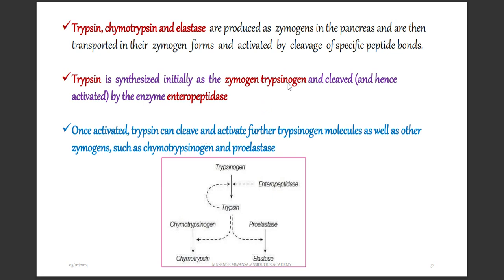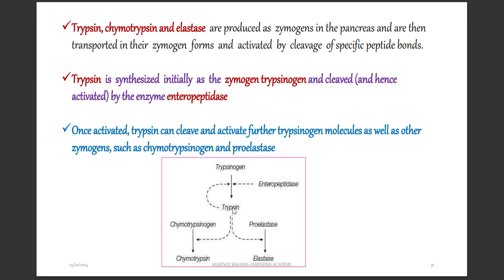Remember, you had produced trypsinogen, which is inactive. Trypsinogen was broken down by enteropeptidase, and it produced trypsin, which is active. Now, trypsin will further come and break trypsinogen, which is inactive, producing more trypsin, and also activating other chymotrypsinogens and the proelastase like that.